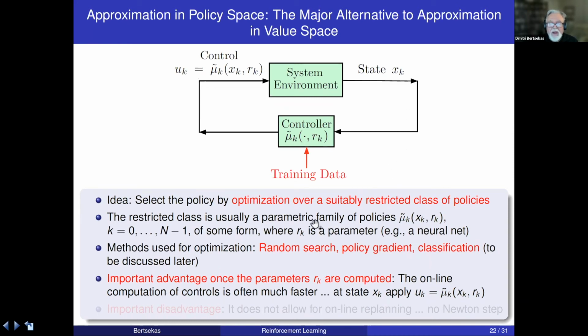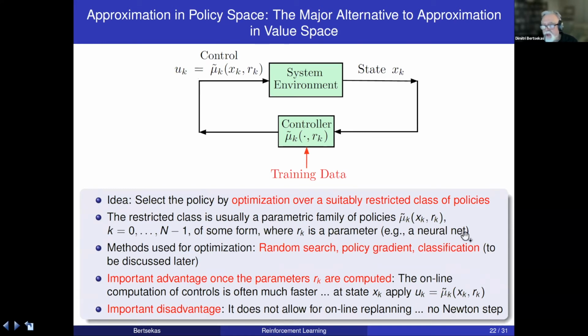Now, suppose that you have performed this training problem and you have determined these parameters. There's an important advantage then, that the online computation of controls is much faster. Once you have computed offline these parameters and you have this controller, then finding a control in response to a given state is very quick.